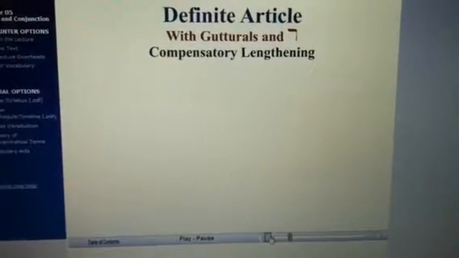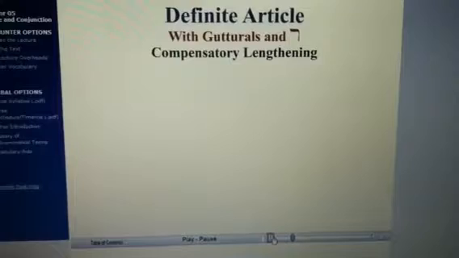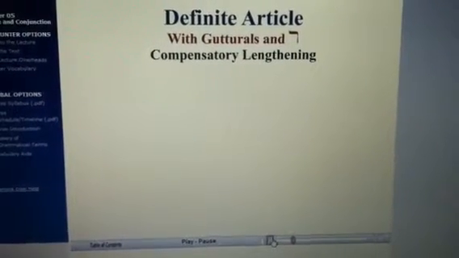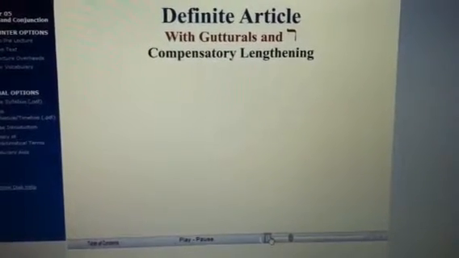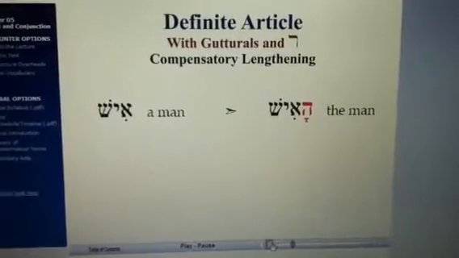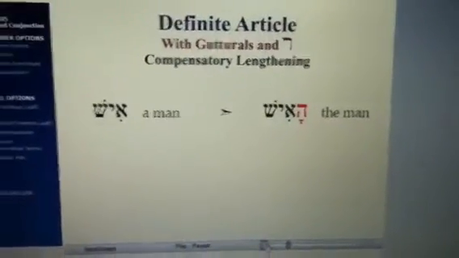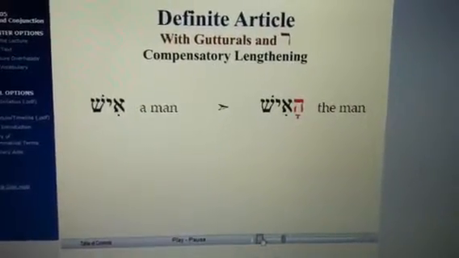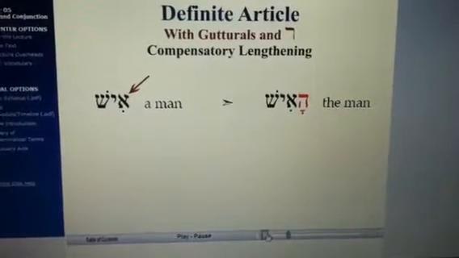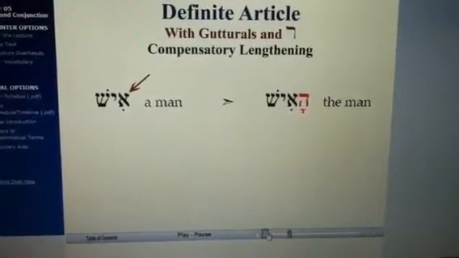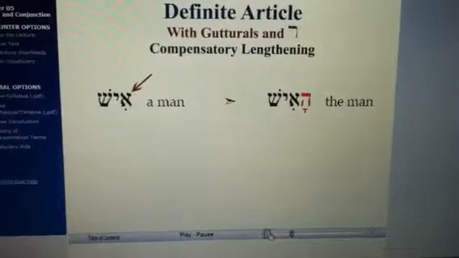On handout 5D, we illustrate compensatory lengthening with a definite article using the noun ish, meaning man. This noun begins with the guttural aleph, which cannot take the dagesh forte of the definite article.